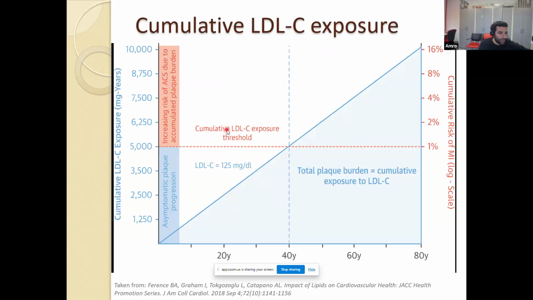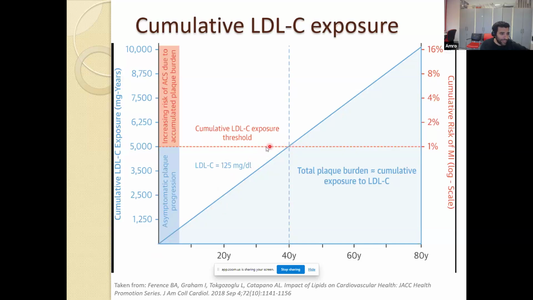So if you are me, 40 years old, and you have an average LDL cholesterol of 125 milligrams per deciliter, or for our UK audience, 3.2 millimoles per liter, if your average is 3.2 from birth and you're just running along at 3.2, by the time you hit 40 years old, you have reached the point at which you are at risk of developing atherosclerotic cardiovascular disease.